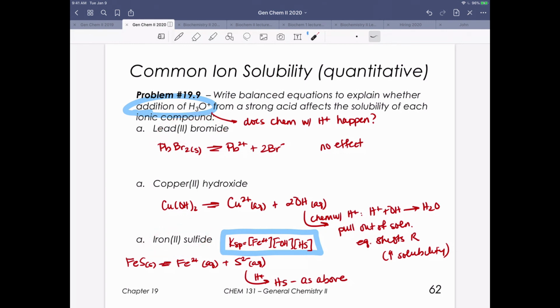Another example that wasn't part of this series of problems was what if you were to have a carbonate salt, for example, copper carbonate. What if you were to have copper carbonate and you added a strong acid to that? Again, that would pull that equilibrium forward for the same reasons. We'd see CO3 2-, which is a base. It's the conjugate base of a weak acid wanting to do chemistry with H+.